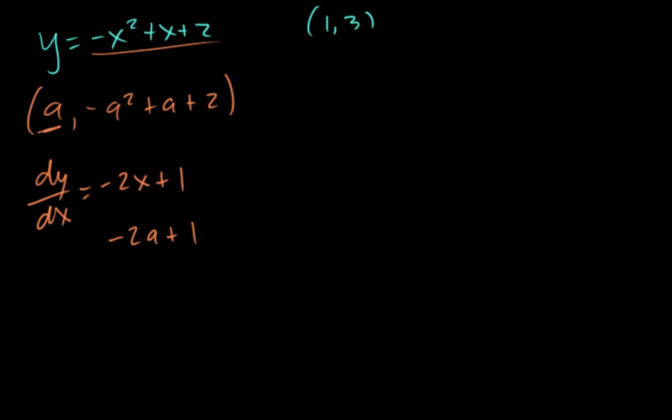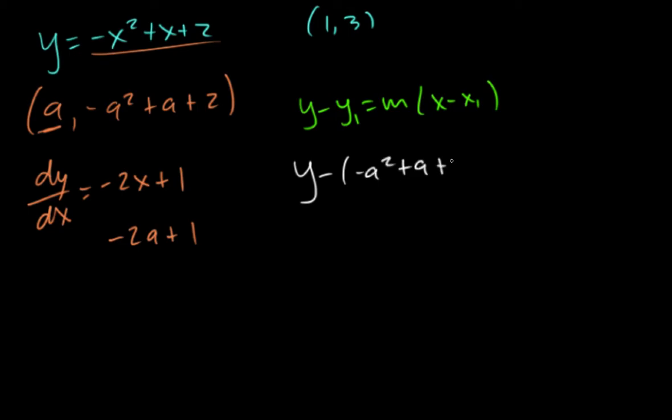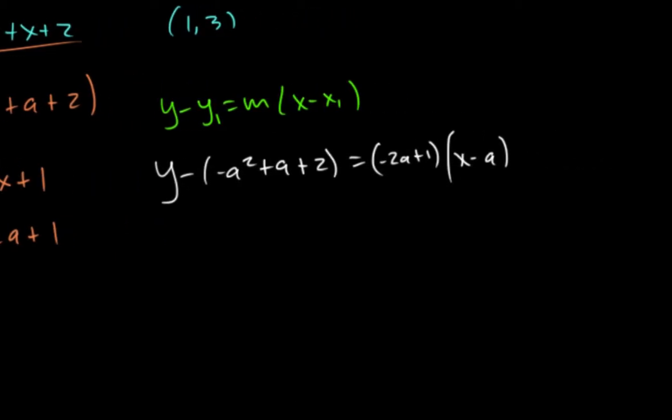And if we plug that into y minus y1 equals m times (x minus x1), we're going to get y minus (negative a squared plus a plus 2) is equal to (negative 2a plus 1) times (x minus a). And we can simplify that a little bit.